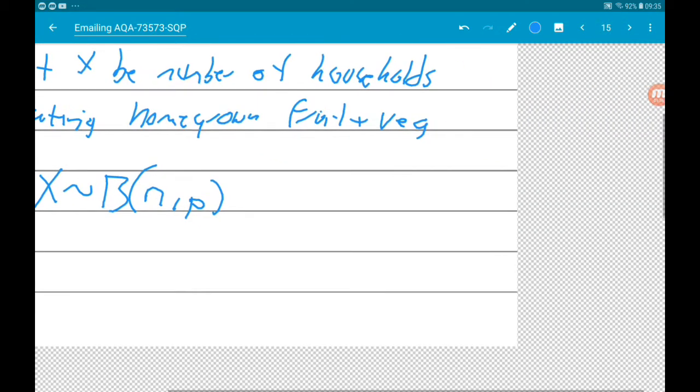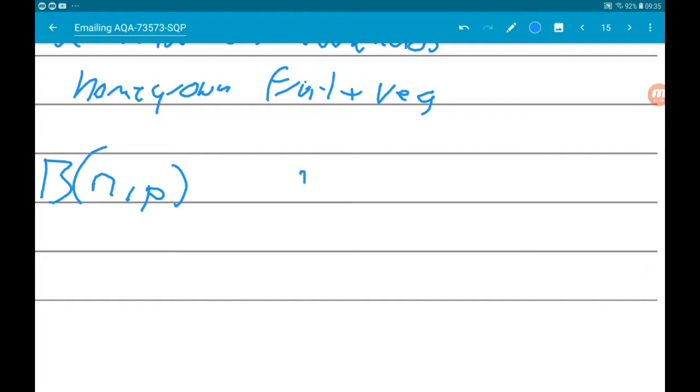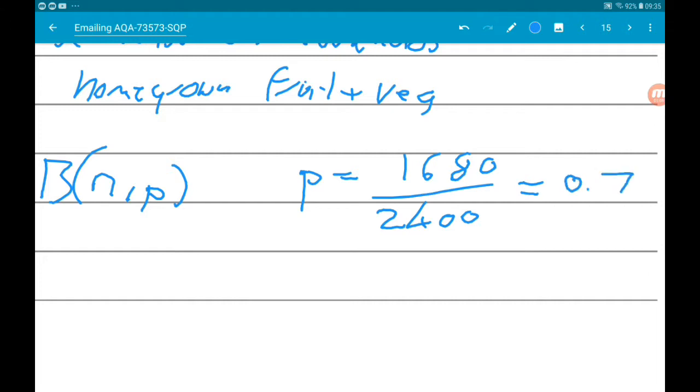So to do that, we know that P is the number of houses that eat homegrown fruit and veg. So 1680 over the total number of households. So over 2,400. Now that gives us 0.7.